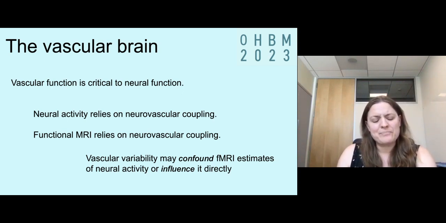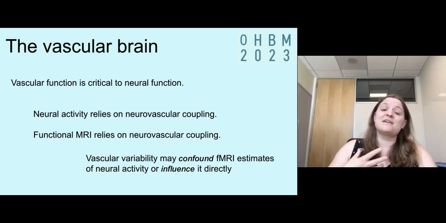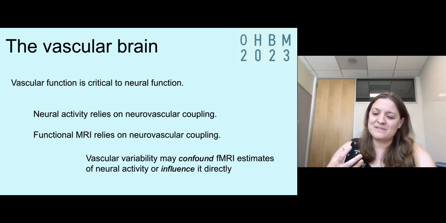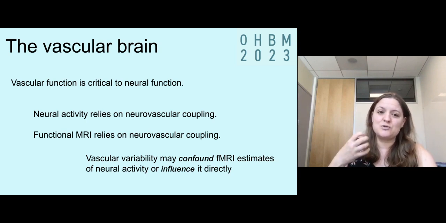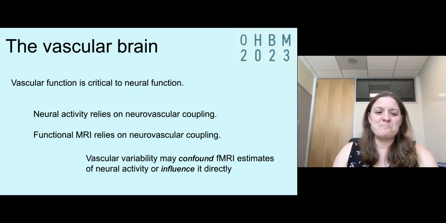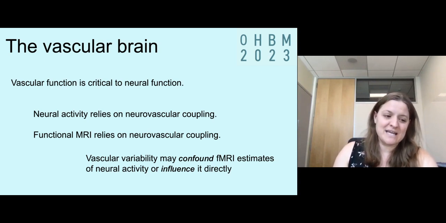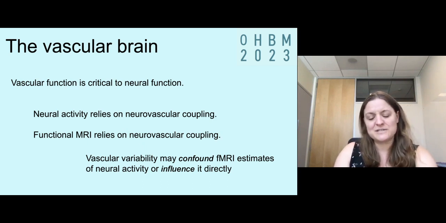But again, with our community, a lot of us are also relying on things like functional MRI, typically with the intention of using it to map brain activity and therefore neural activity. But fMRI is not a direct measure of neural activity. It is measuring a vascular effect of blood oxygenation level changes.